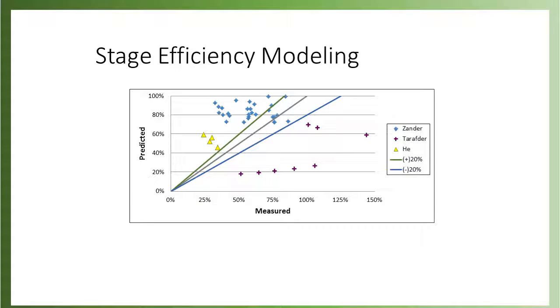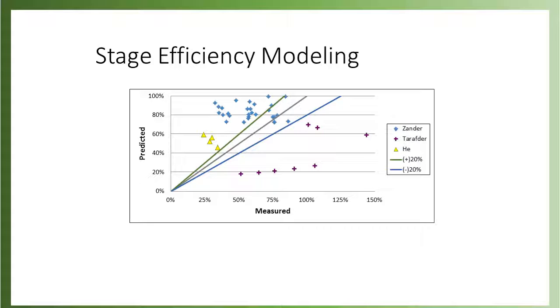But in any event, when we looked at the stage efficiency modeling, looking at predicted versus measured for the 3 experimental systems that we looked at, we put Xander in there, even though it was really run as a 1-stage system, and then the vacuum-assisted work, and then the work that was actually run concurrent.